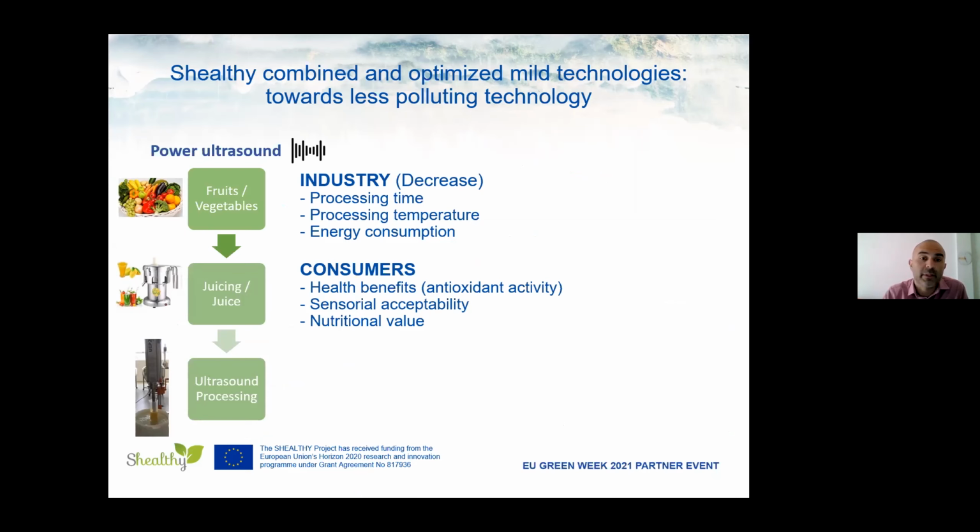For consumers, it has health benefits because it improves, and sometimes increases, the antioxidant activity of the juices. The sensory acceptability is good and the nutritional value is conserved. We are able to keep it fresh.